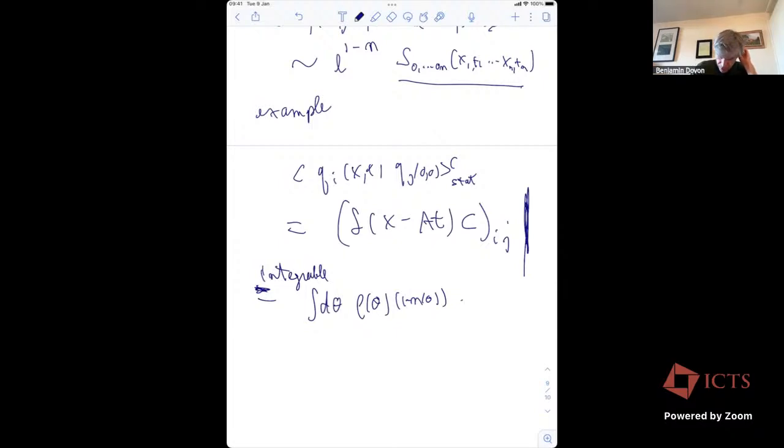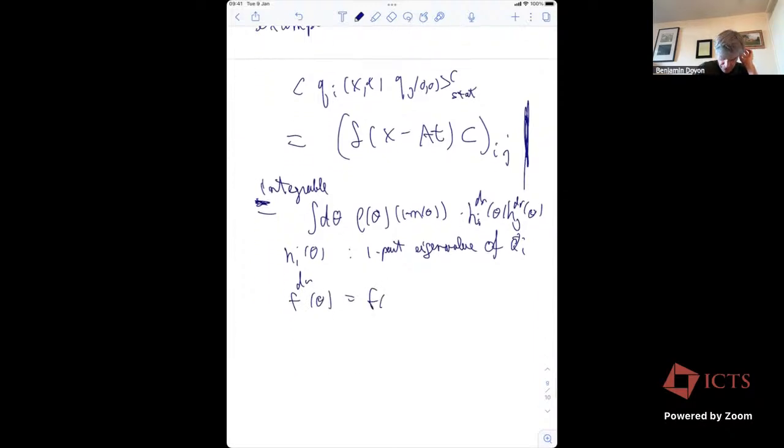And then there's a function hi dress of theta and hj dress of theta, where hi of theta is the one-particle eigenvalue of the charge qi. And the dressing is just a solution to a linear integral equation that involves the scattering shift, theta alpha, n of alpha times f dress of alpha.